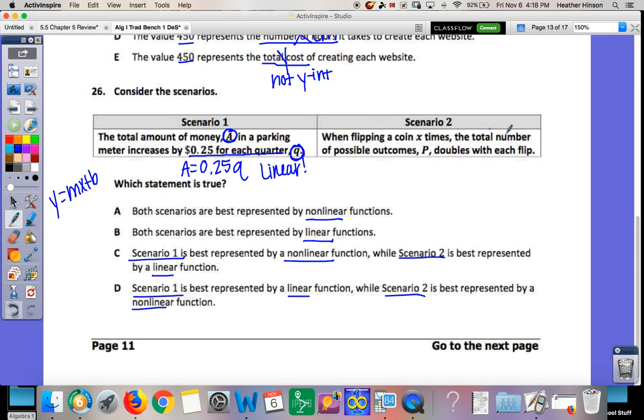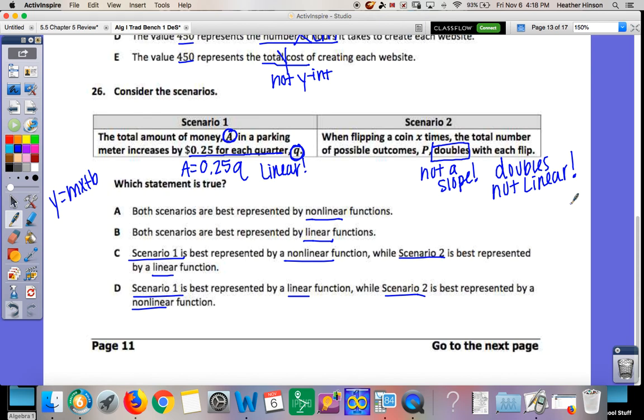Okay, when flipping a coin, the total number of possible outcomes P doubles with each flip. What's your slope here? We don't have one. A lot of people say it's doubles. That is not a slope. That is a different type of equation we have not seen yet. If you see doubles or triples or quadruples or half or anything like that, that is not linear at all.